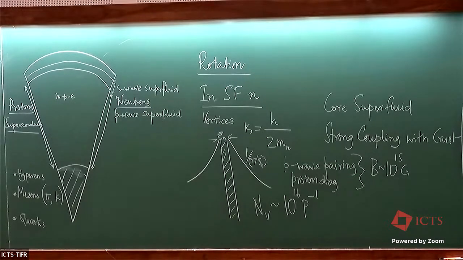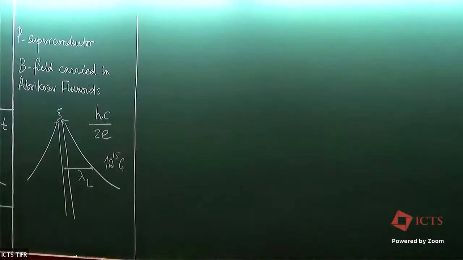There is a coherence length for every quantum fluid. So that is the distance over which the property of the fluid will remain correlated. And that will be different, it depends on the gap energy, it depends on the number density. So therefore, it will be different for the neutron superfluid and the proton superfluid.